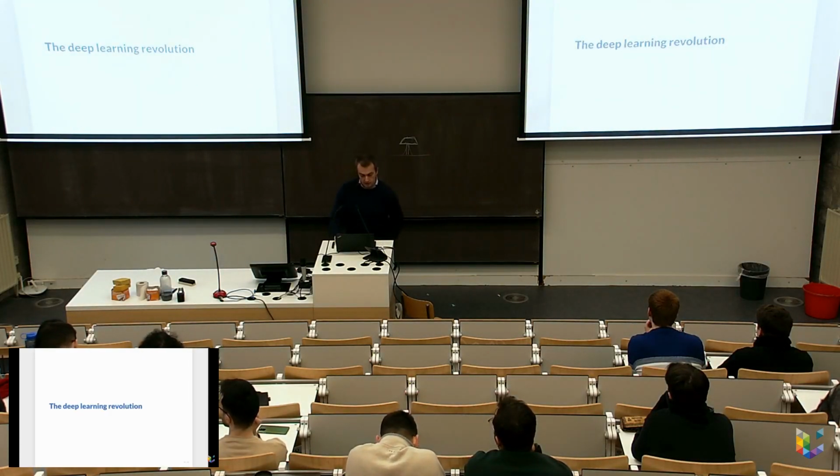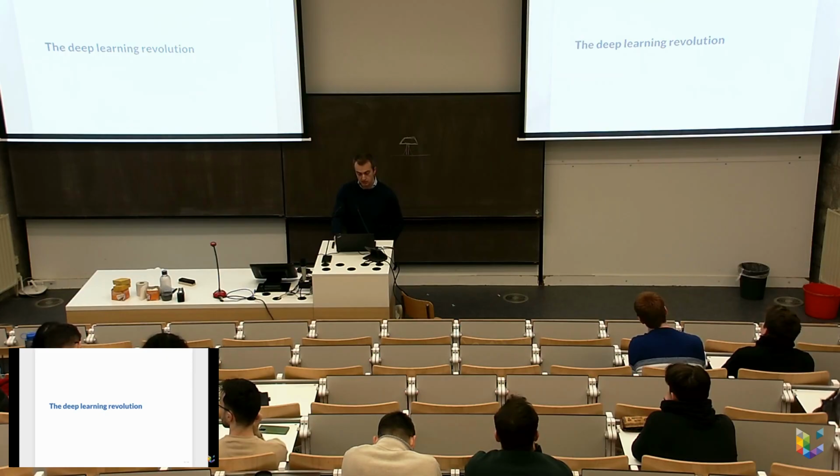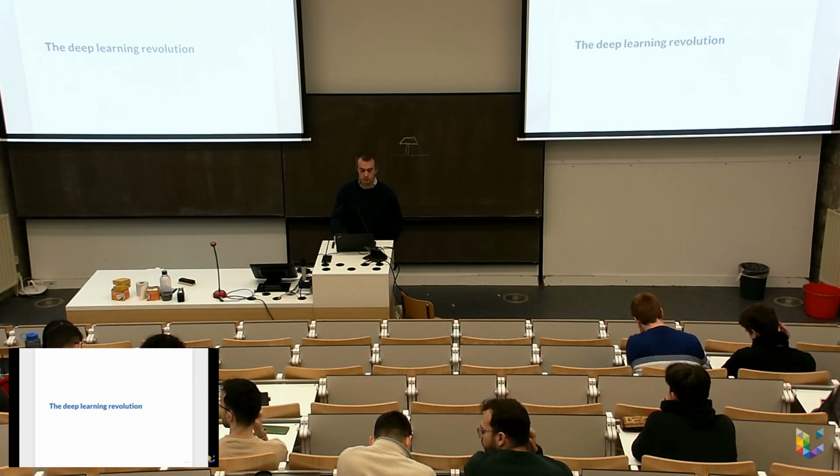All right. So the machine learning recipe itself is not something new. That's something researchers have been working on, I don't know, since the 80s. However, what has changed is the kind of model we've been using and what we call the deep learning revolution.